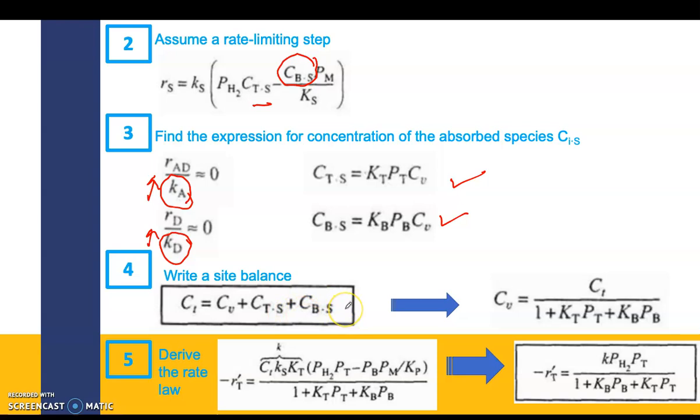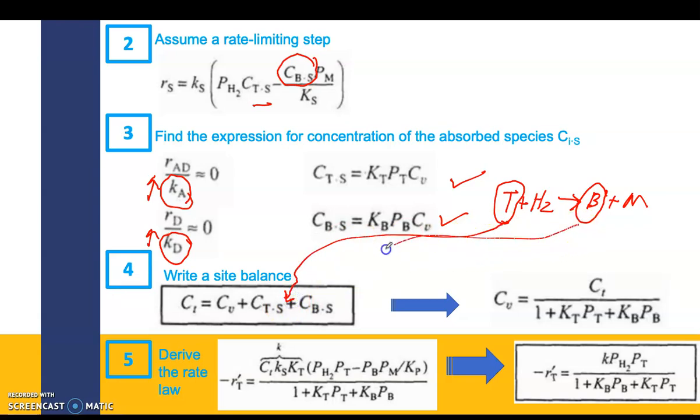Although the reaction is T plus hydrogen, you get benzene plus methane, we only focus on these because we assume it is Eley-Rideal. That's why your site balance has the equation like this.